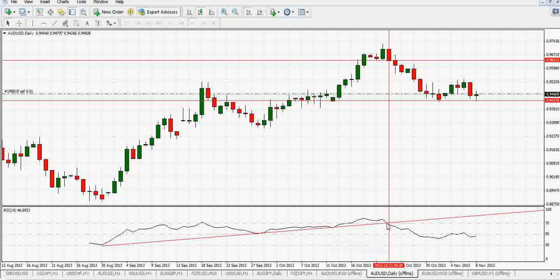So when we see that price breaks this trend line here, as we can see, it is a price for Aussie dollar on the daily chart, 0.964, and we see that a very, very strong bearish trend started to go till 0.947. So like you see, it's almost 200 pips down. So this is the real RSI trend line.